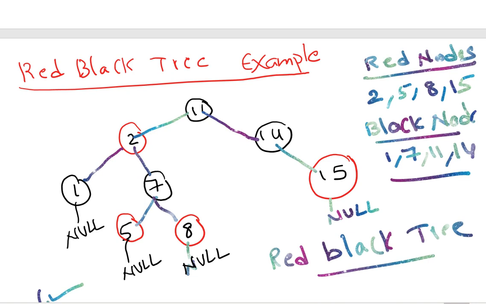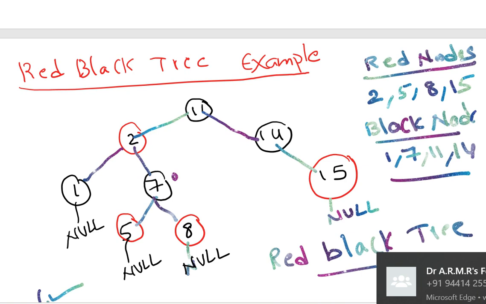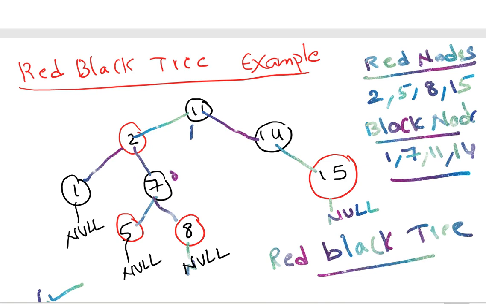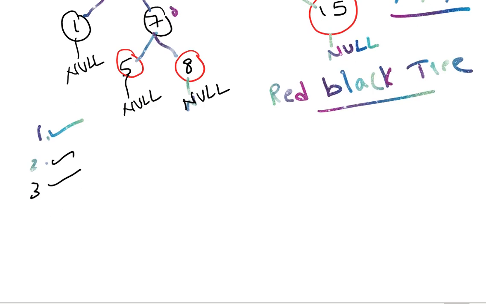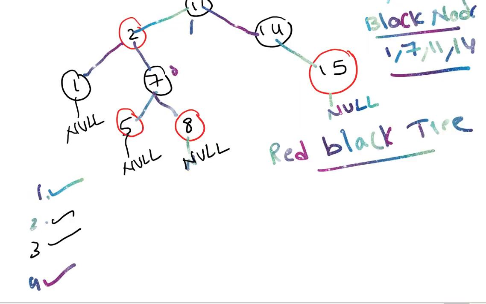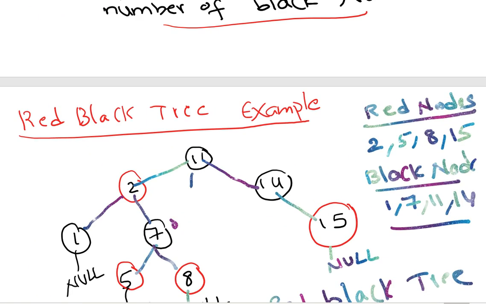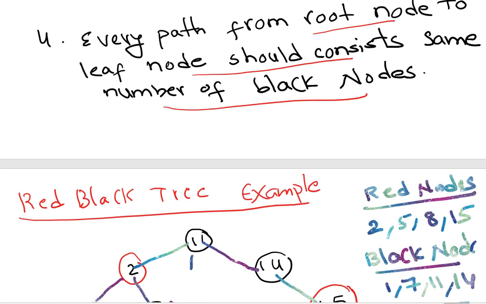So this is a path. How many black nodes are in this? We have 0 and 1 in this path. In this path also 0 and 1. In this path also 0 and 1. In this path also 0 and 1. So in each and every path we have an equal number of black nodes. So property 4 is also satisfied.